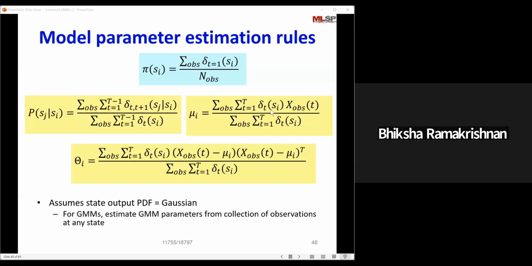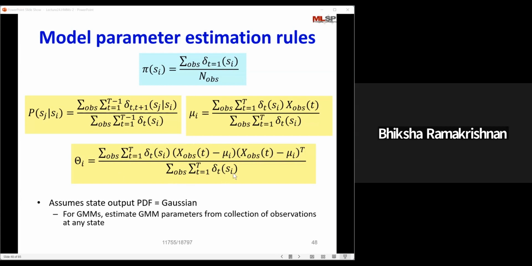This delta takes the value 1 if the state at time t is Si and 0 otherwise, so it only adds up the observations for which the underlying state was Si. The numerator sums all observations for state Si, the denominator counts the number of times state Si happened, and so this gives me the mean of all observations generated from state Si.